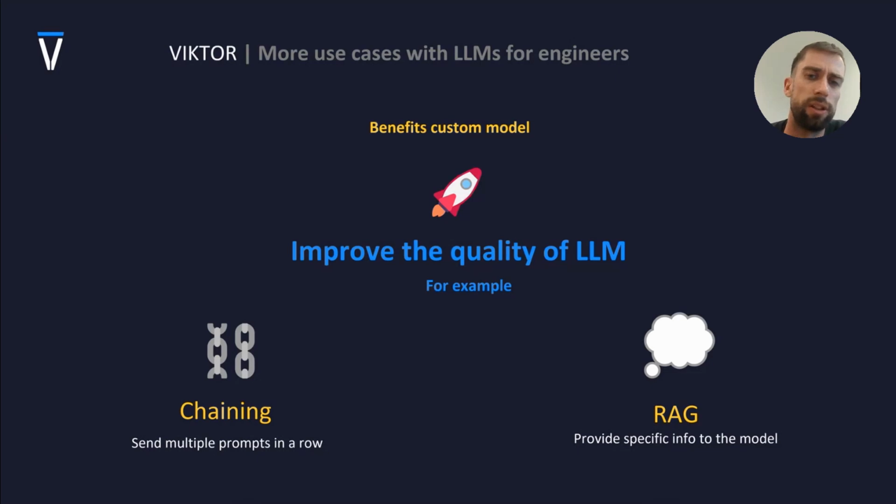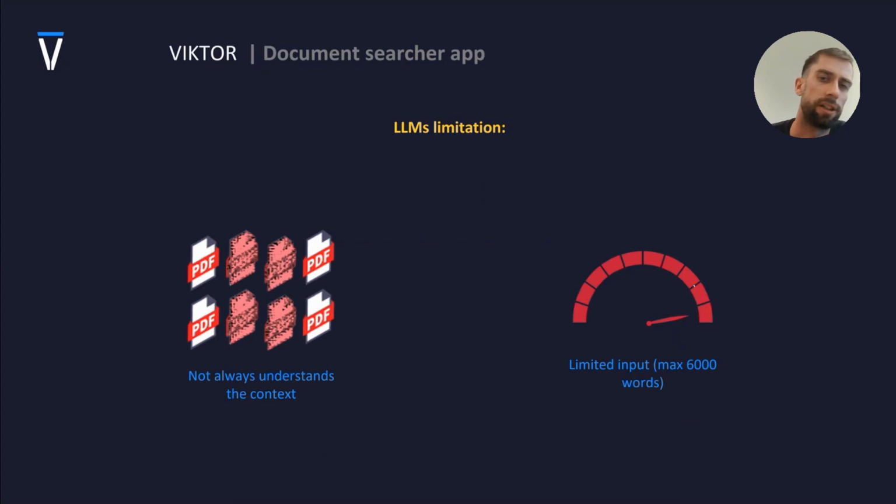The other technique I used is called retrieval augmented generation, or RAG. And this is basically a technique that is used when you run into the model limits. So actually here I can show that the limitation of a large language model is that you have a limited input.